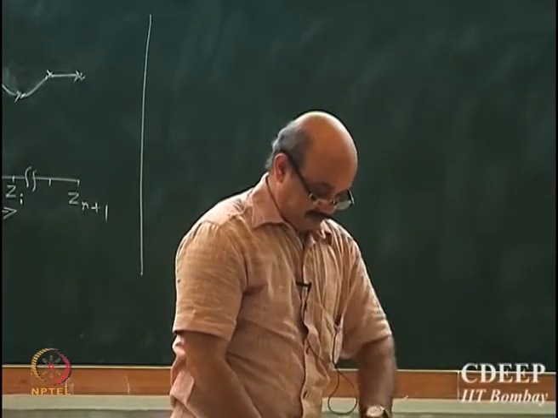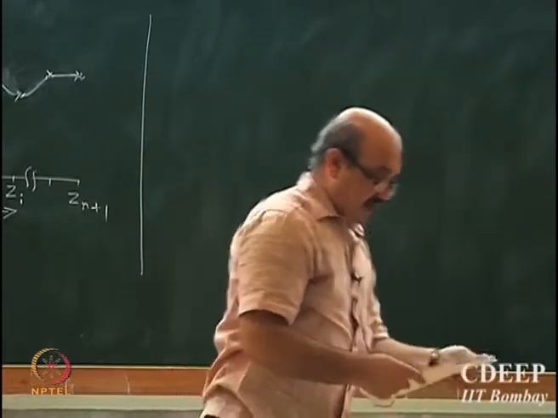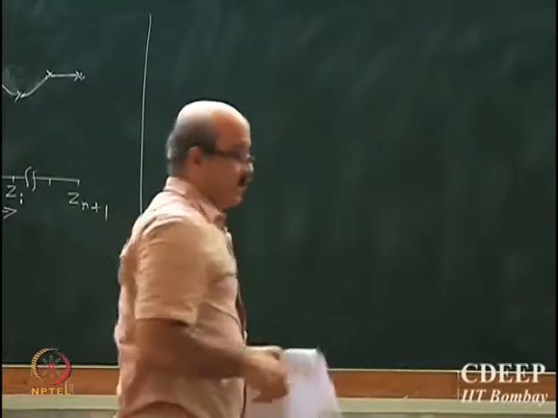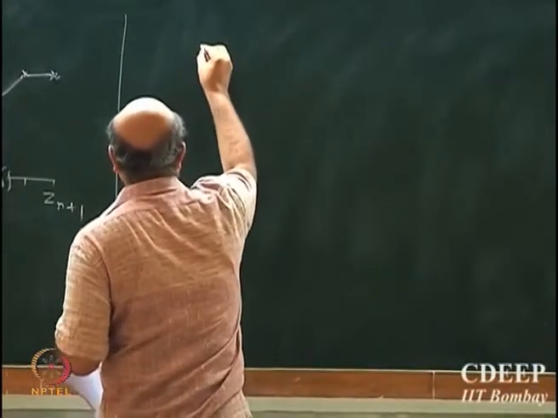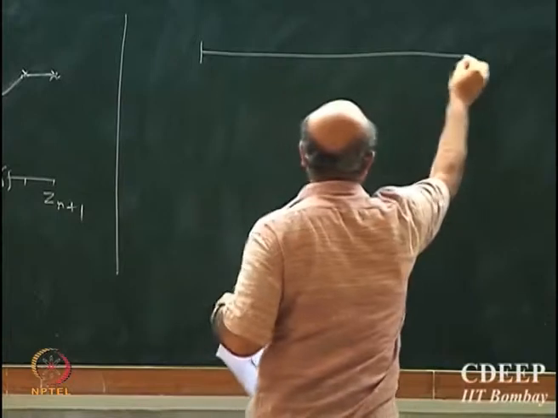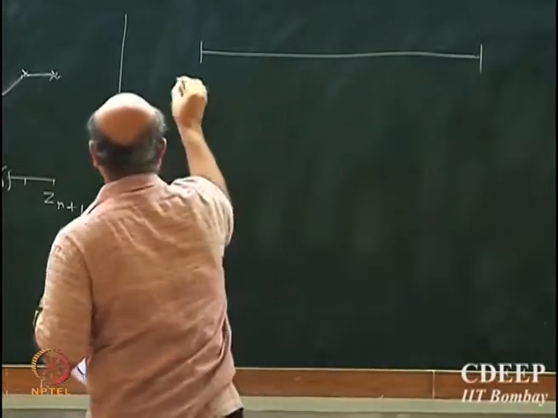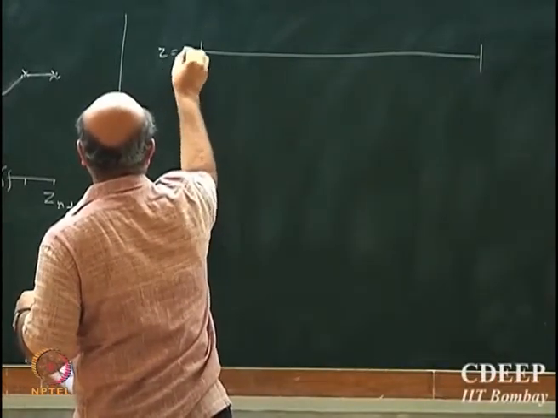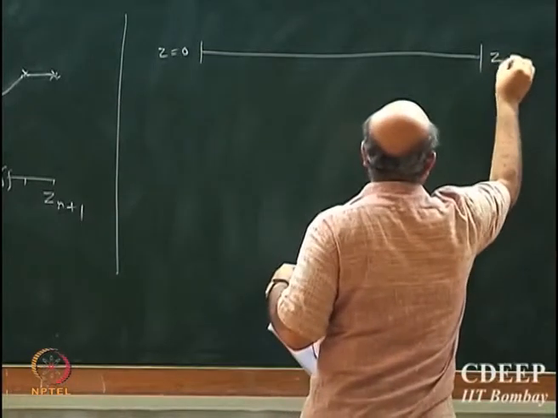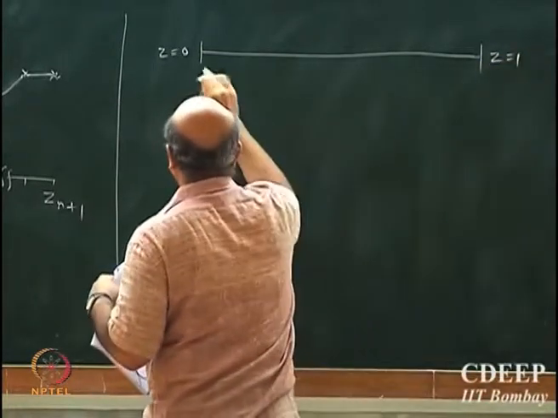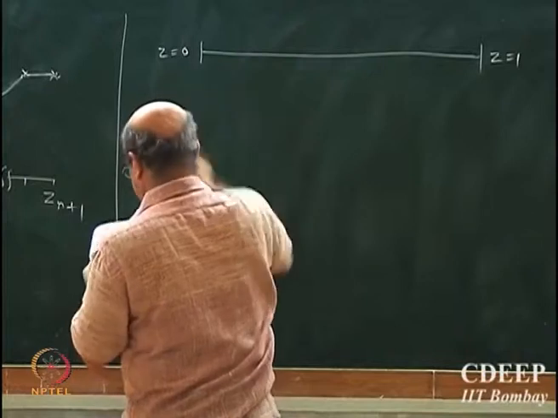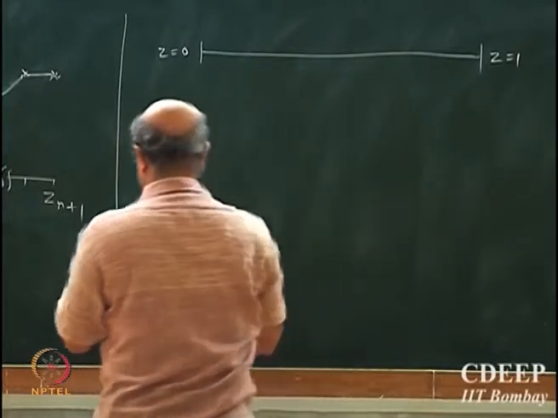So now let's start looking at how we develop this orthogonal collocation. So I have this domain. This is z equal to 0, and this is z equal to 1, and I have similar notation.